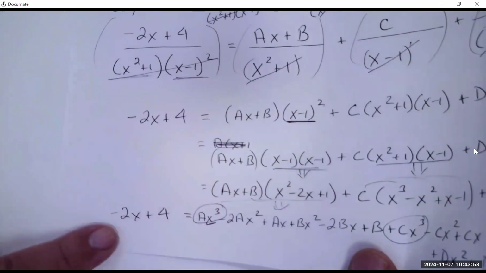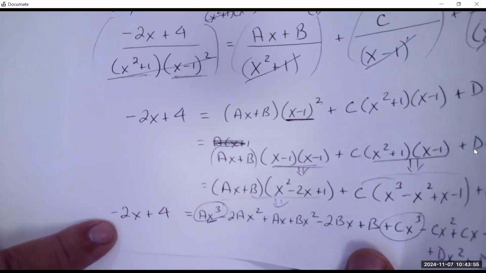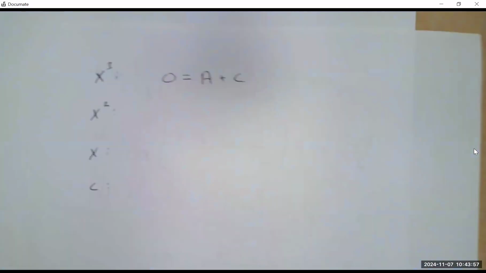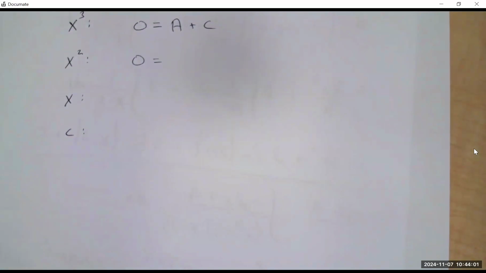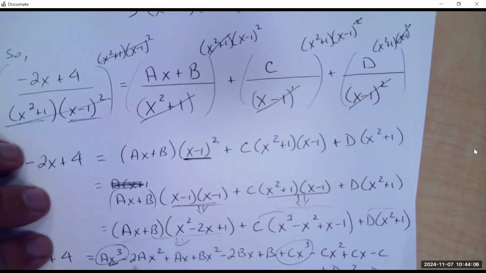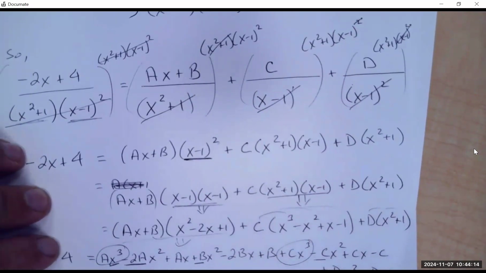Are there any x squares on the left side? Since there aren't any x squares, its coefficient is 0. On the right-hand side, let's find all the x squares. We have negative 2a, b, negative c, and d.